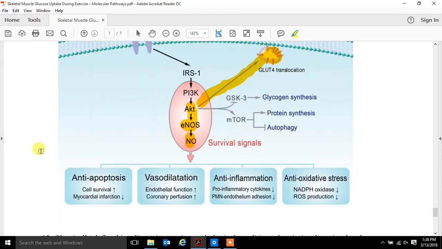Nitric oxide is going to have anti-apoptosis effects. We know it best as a vasodilator. It's going to also have some anti-inflammatory properties. It's going to work its way as an antioxidative stress agent. All pretty profound things when you start talking about cardiovascular health.